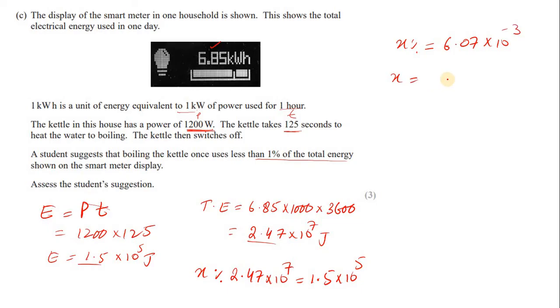So X is equal to 0.607%, and clearly this is less than 1%. So of course student suggestion is correct.